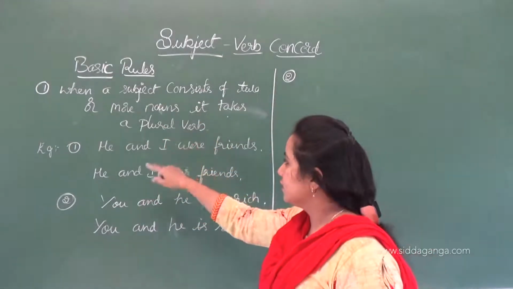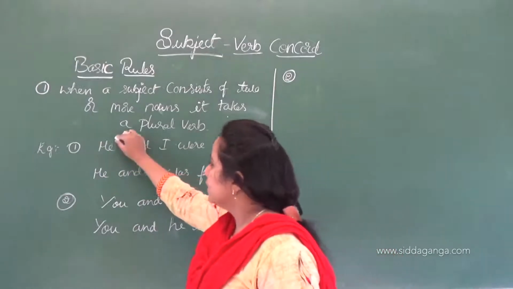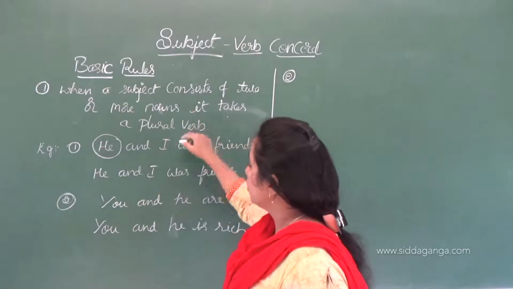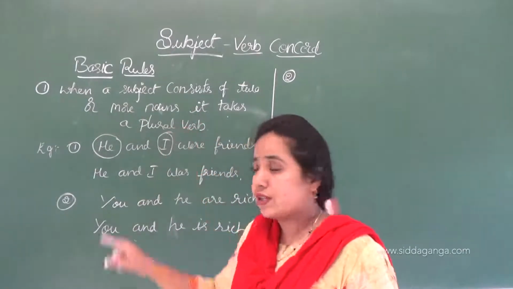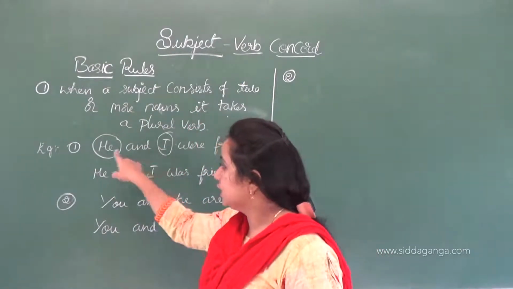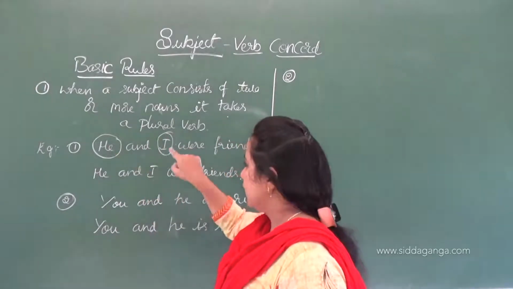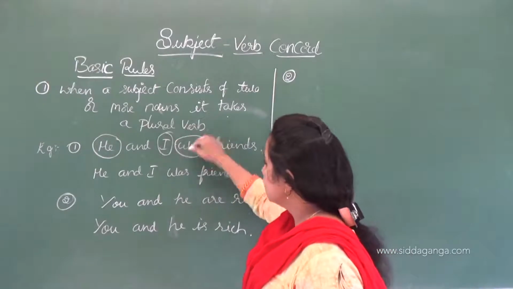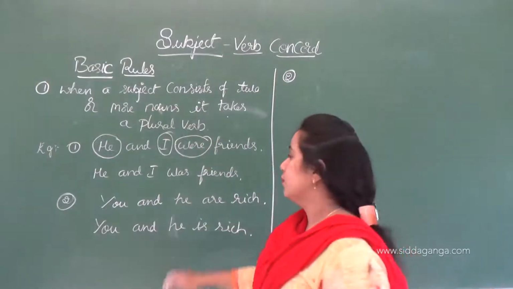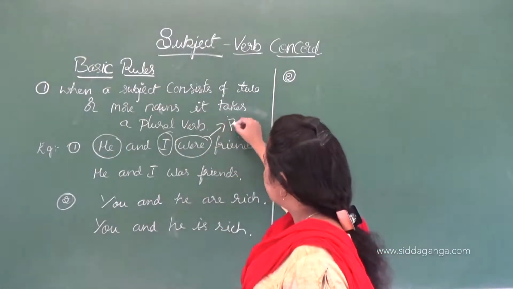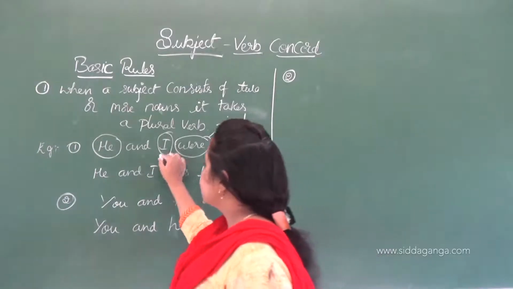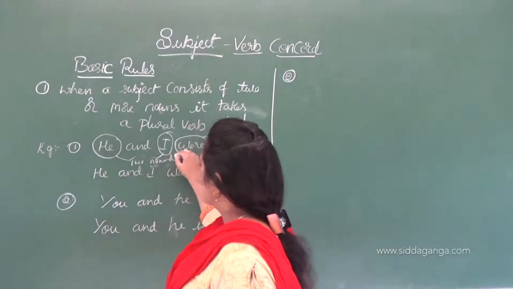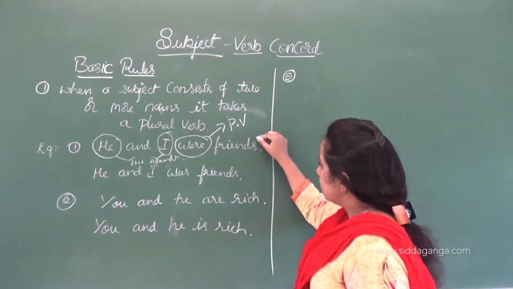I have written examples here. When the subject consists of two or more nouns, here there are two nouns, he and I, they are the subject, and the verb has to be a plural verb. These are the two nouns. This is right.